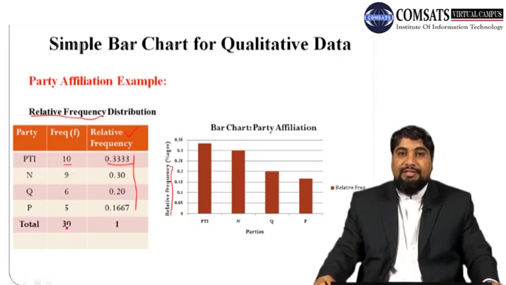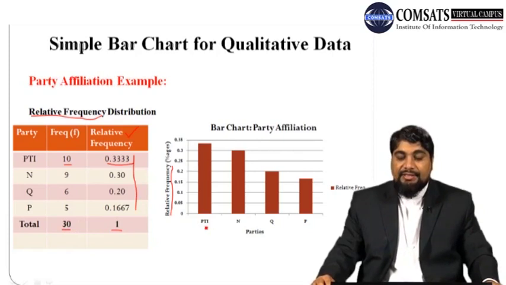So 10 divided by 30 we get 0.333, and then 9 divided by 30 we get 0.30, and similarly 6 divided by 30 we get 0.20, and 5 divided by 30 we get 0.1667. Another important check point is that the total sum of these relative frequencies should be 1. So we can also cross check it.